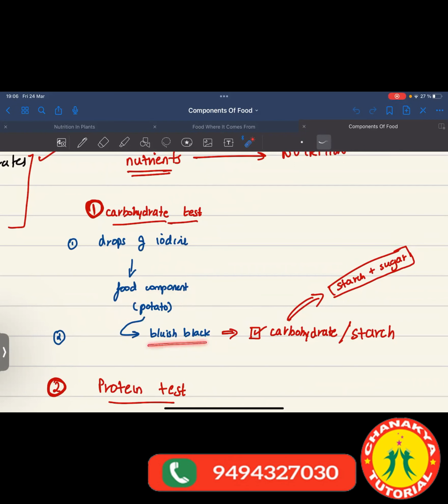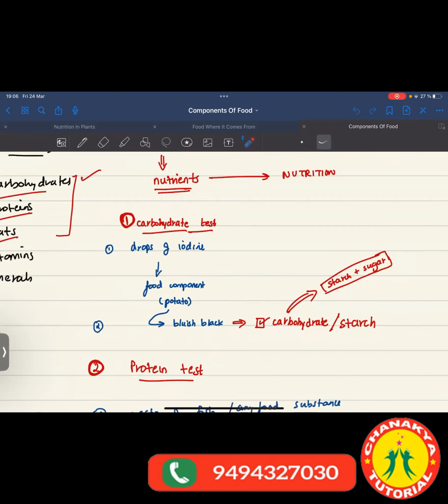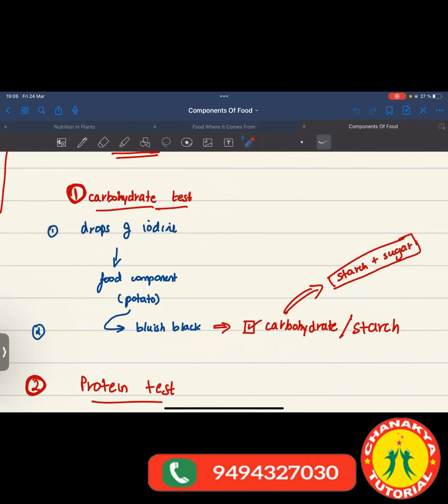If it turns into another color like green or pink, or no color change at all, that means there are no carbohydrates. If it turns bluish black, that means there are carbohydrates. Carbohydrate is nothing but starch. Starch is what? Raw sugar. So this is how you find if a food substance has carbohydrate or not.